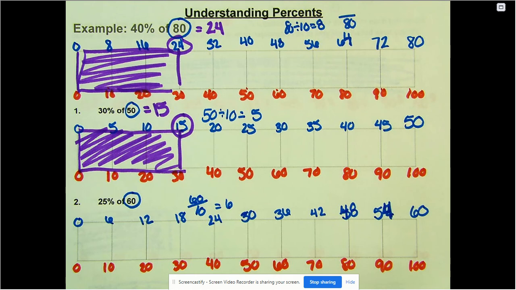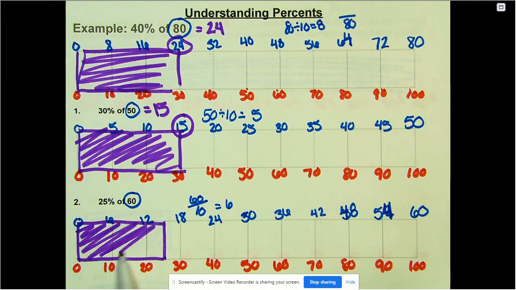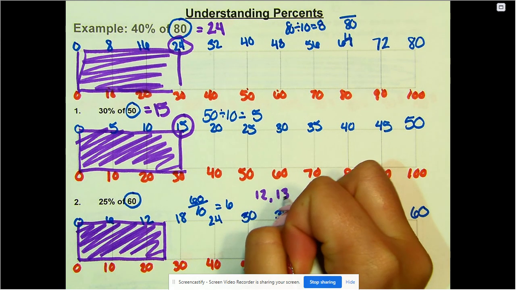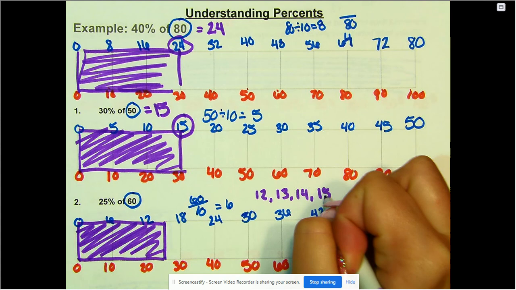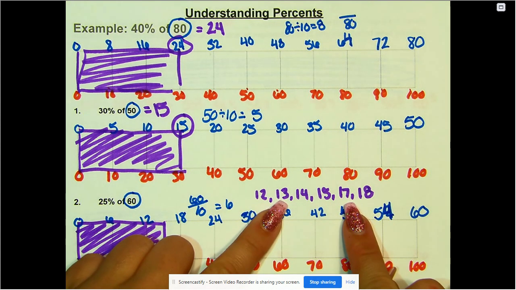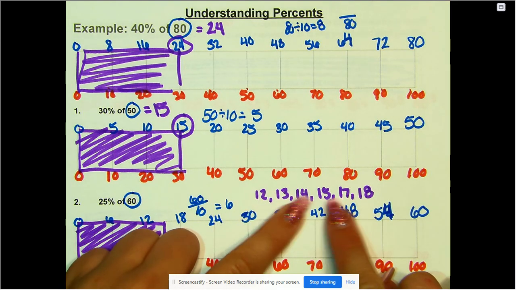So we need to go to 25%. Okay, so 25% would fall right here in between 20 and 30. Okay, and what number is halfway between 12 and 18? 15, because again, halfway between 12 and 18 would be 15.